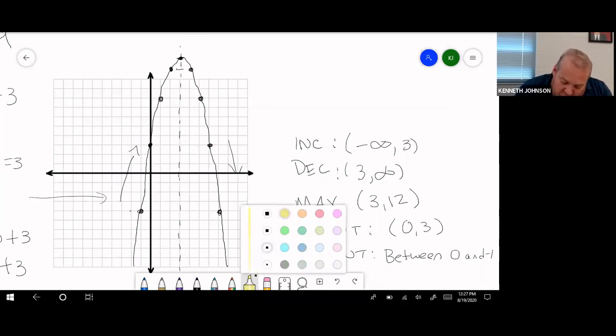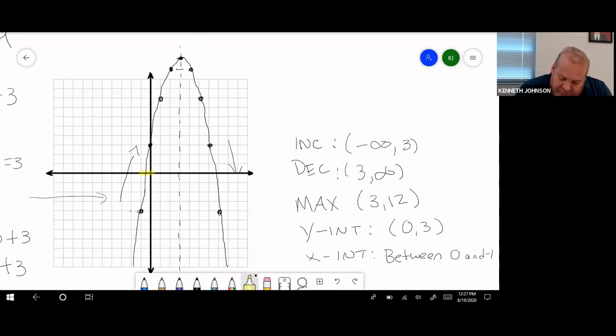So that's saying there's going to be one right in here between 0 and -1. And there's also one right in here between 6 and 7. If I took to my calculator, I could hit trace and I could find that, or go into the table. But it's good enough to say that's where it would exist for now.